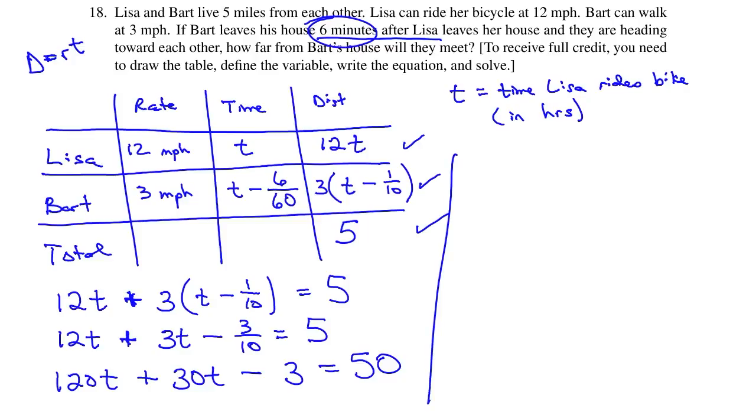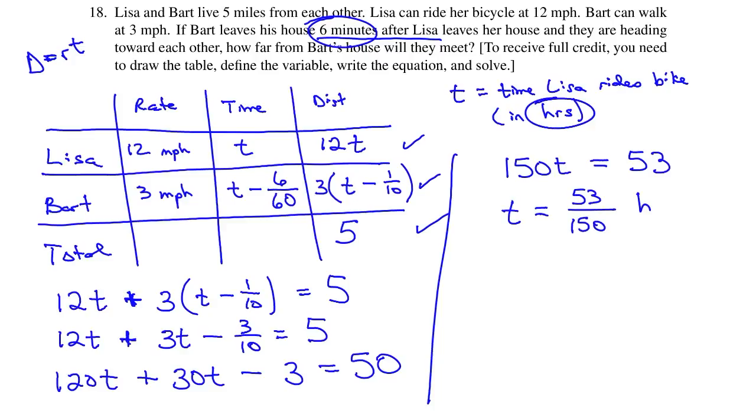On the left side, I get 150t. I move the 3 to the right, I get 53. And so this is t is equal to 53 over 150, and the t was in hours, so it's hours.